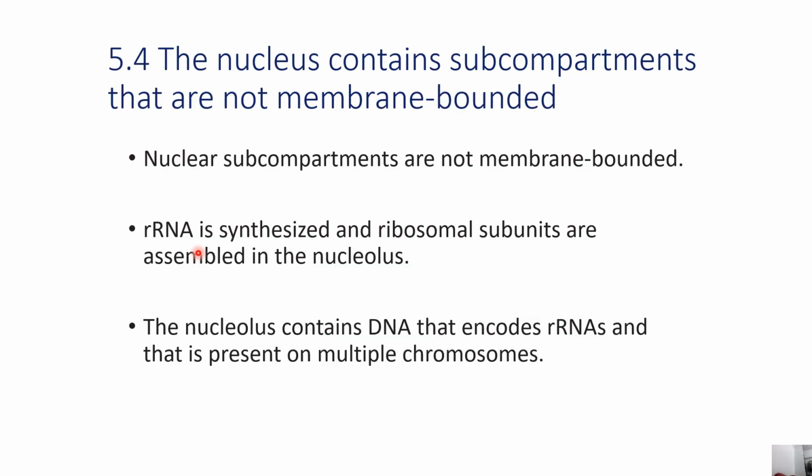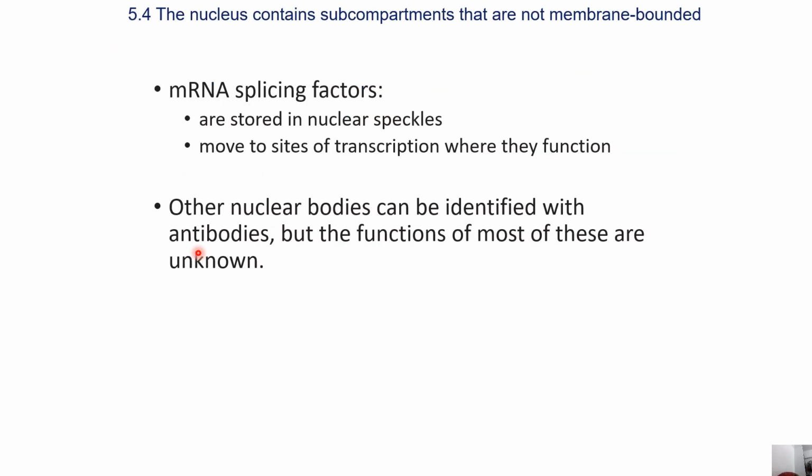The nucleolus contains DNA that encodes rRNAs and is present on multiple chromosomes. mRNA splicing factors are stored in nuclear speckles. They move to sites of transcription where they function. Other nuclear bodies can be identified with antibodies, but the functions of most of them are unknown.